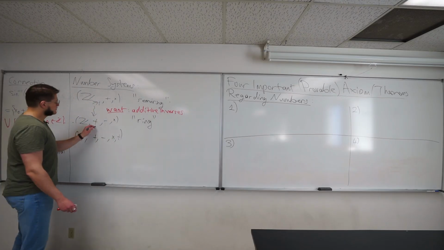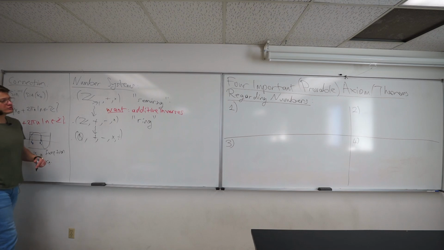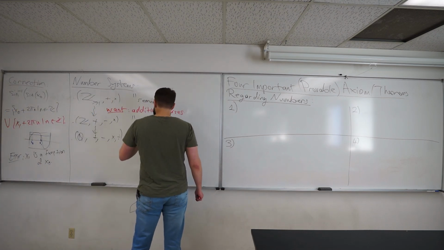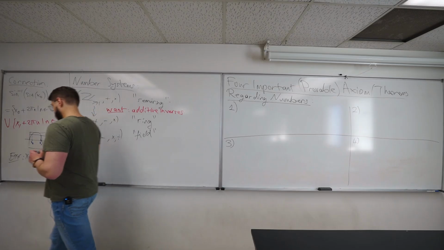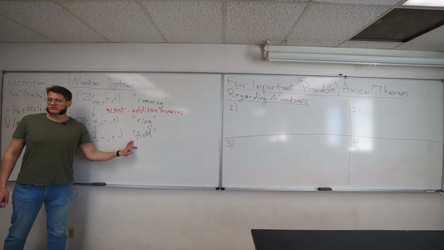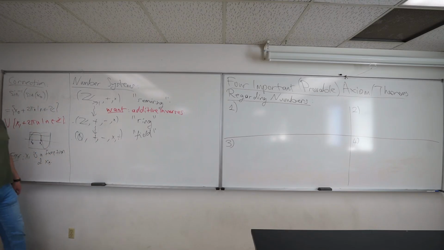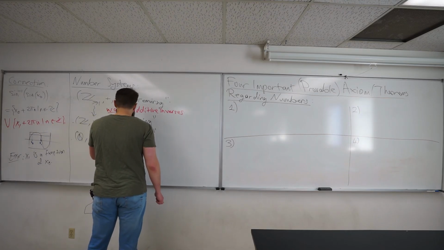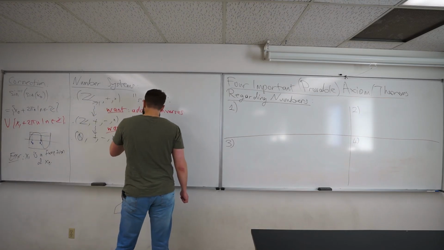And this structure is what is called a field. If you've taken linear algebra, or if you're taking linear algebra, this is the field of scalars, so to speak. There are many others, but this is one. So here you say, we want multiplicative inverses.